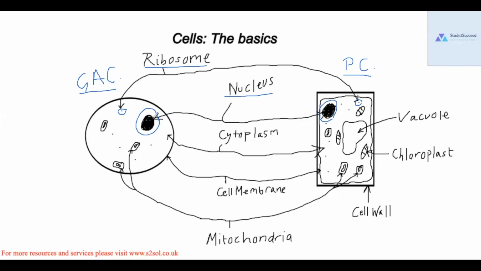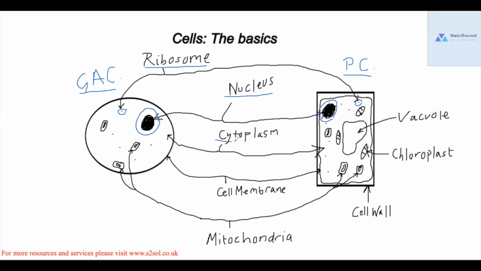So all of the DNA and chromosomes are found within the nucleus. The nucleus also controls the cell. And so this is a very important organelle that we find in most cells. However, we will come to some specialized cells that do not have a nucleus.